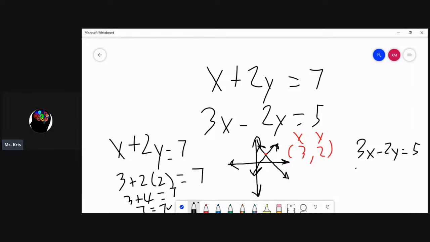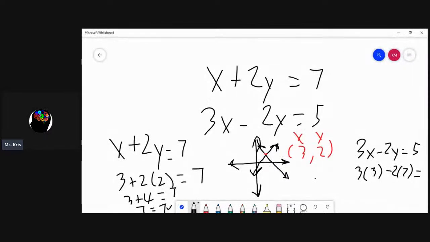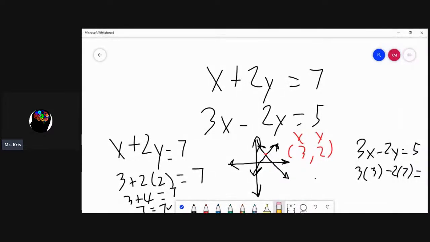Now, 3 times 3 minus 2 times 2 equals 5, if I can get my screen to stop closing on me. One moment. So now 3 times 3, minus 2 times 2.